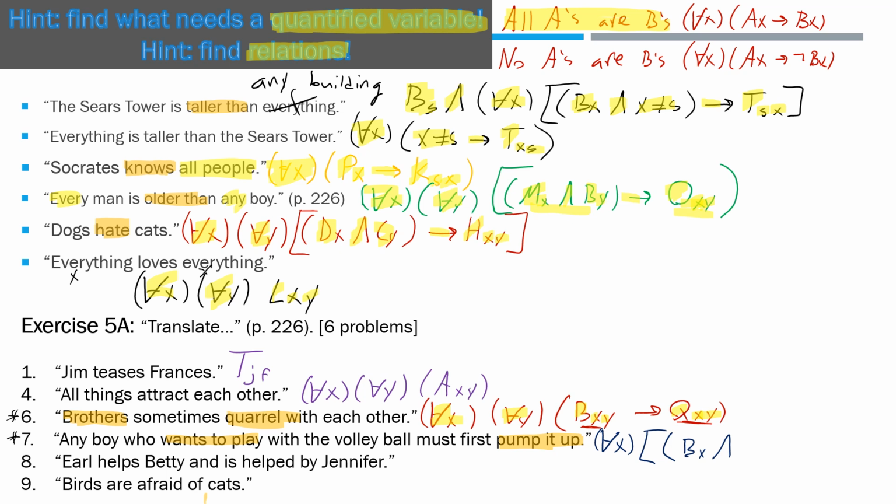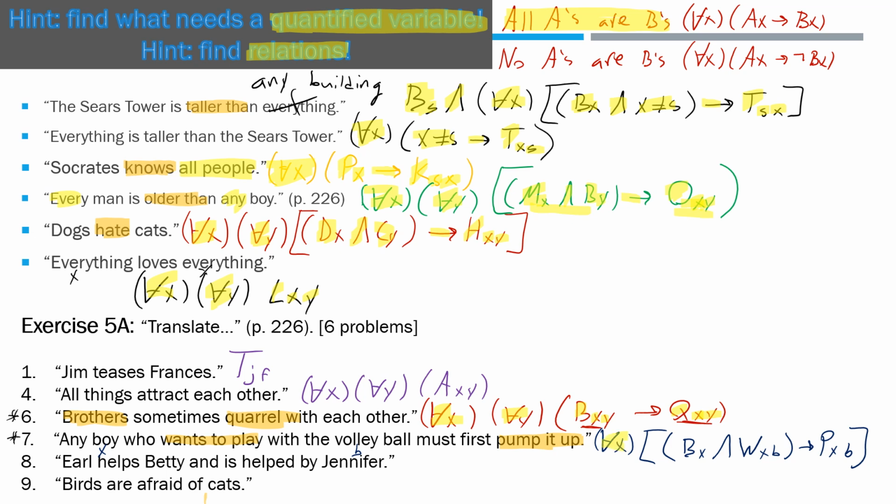So we can say capital W and then lowercase x, lowercase b. So any boy wants to play with the volleyball. The volleyball will be given a lowercase b. The capital B is for the boy. So that's the antecedent. And then the consequent is x must pump up the ball. So it'll be capital P, lowercase x, lowercase b.